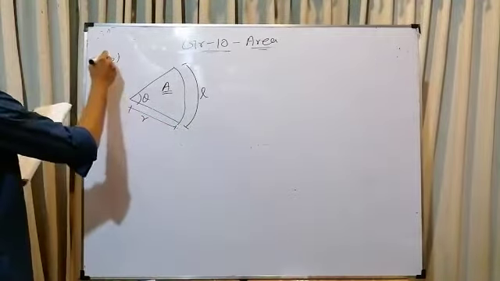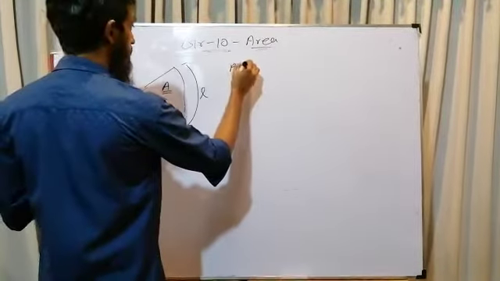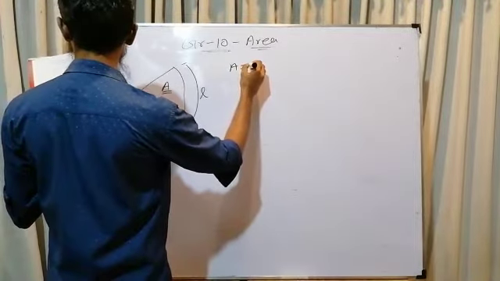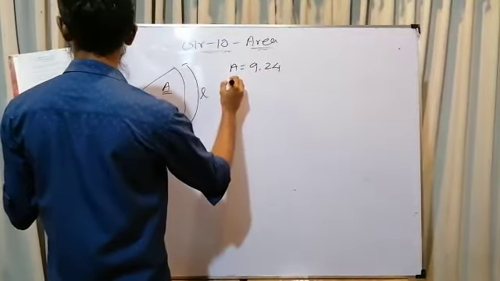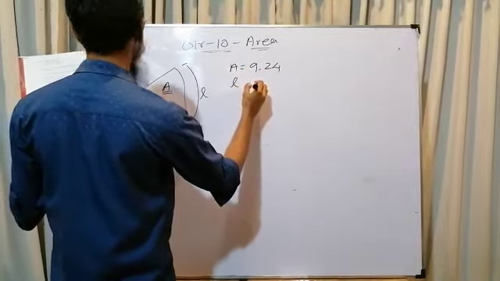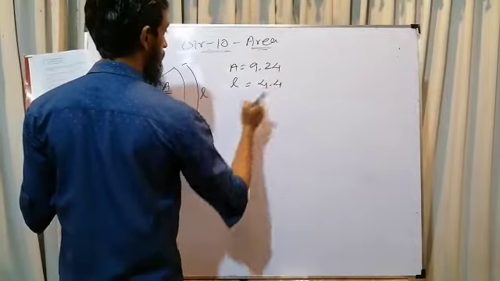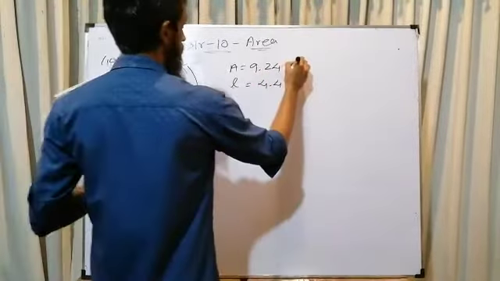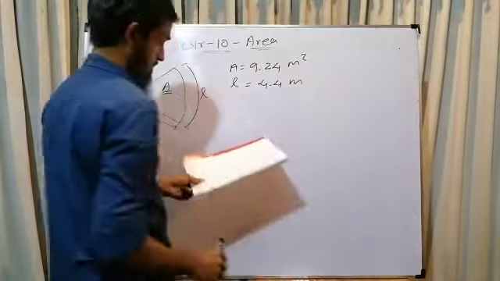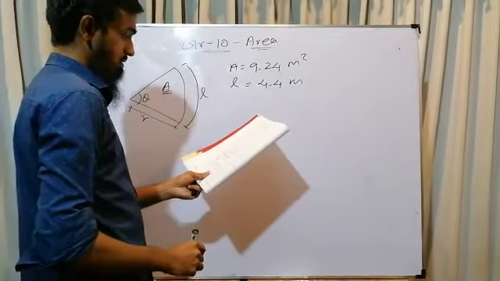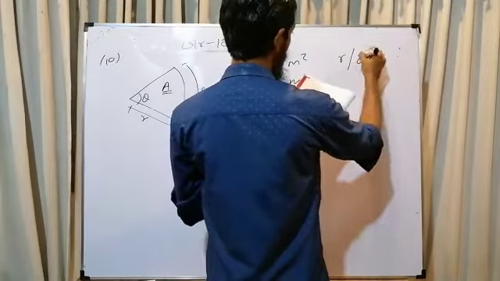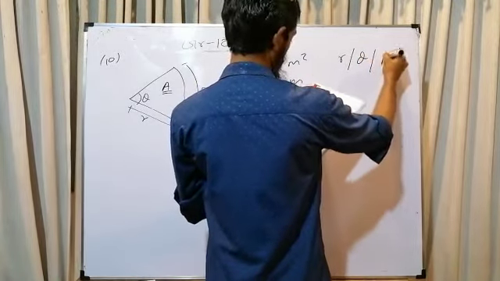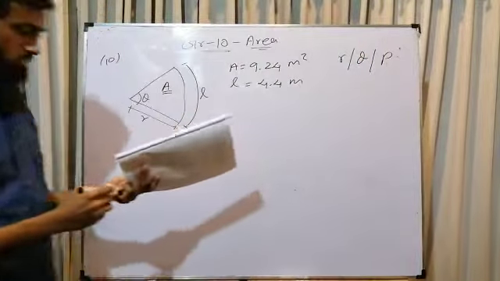So 10th question, area is given as 9.24 square meter and the arc length is given as 4.4 meter. So we need to find the radius, center angle and the perimeter of the sector.